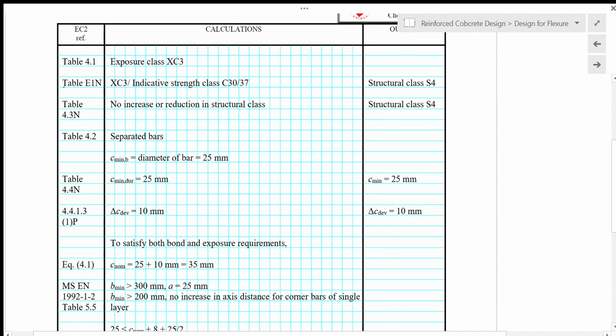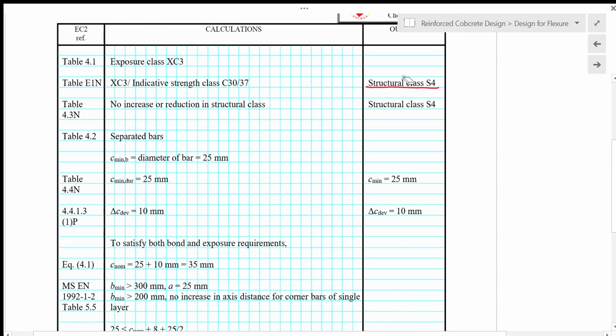And then from table E1N in Eurocode 2, for exposure class of XC3, the indicative strength class is C30/37. So if we use this minimum concrete strength class, then our structural class is S4.